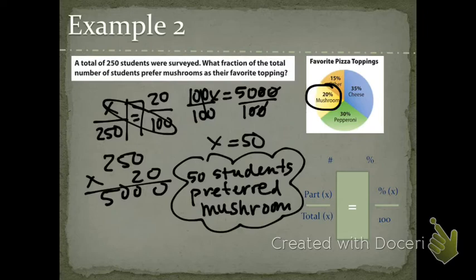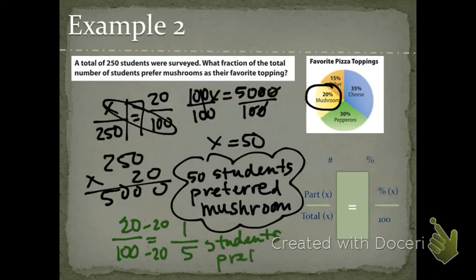If I want to do it as fractions, okay, so then I have 20% that had preferred mushrooms out of 100. Okay, simplify. So we get 1 out of 5 students prefer mushrooms.